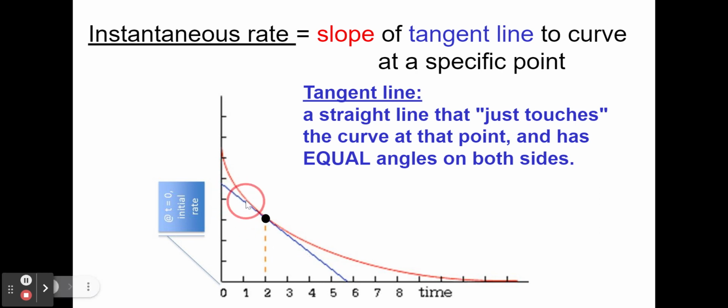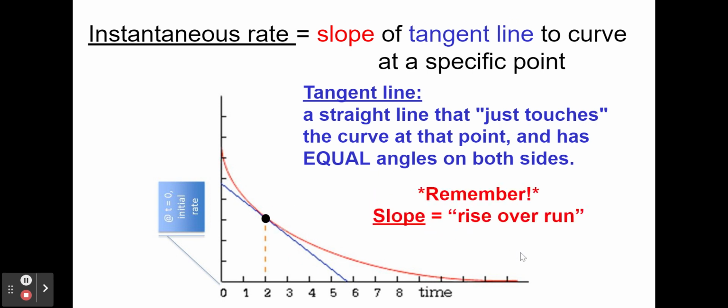So basically you want the angles here to be equal. Okay, we're not talking about the angles of our triangle, we're talking about the angles between the curve and the straight line on both sides of the point.